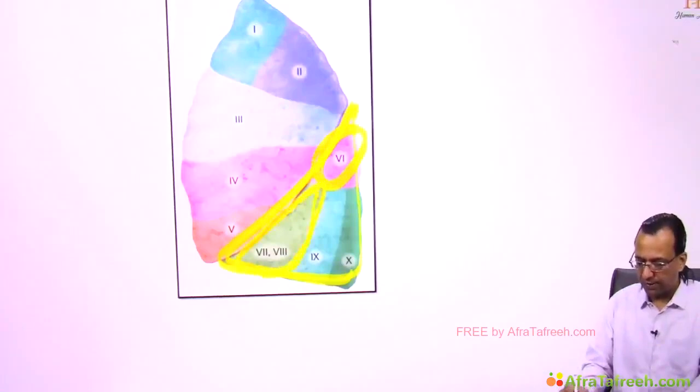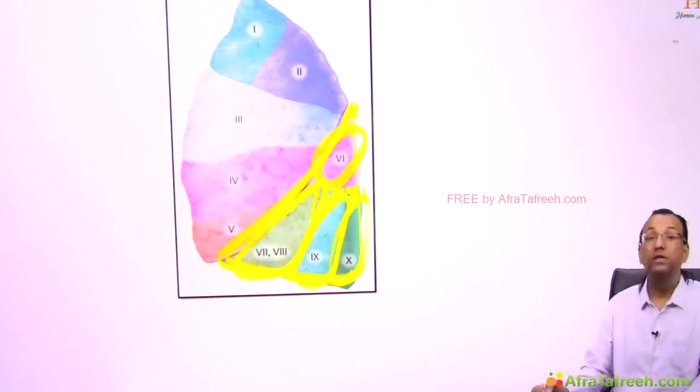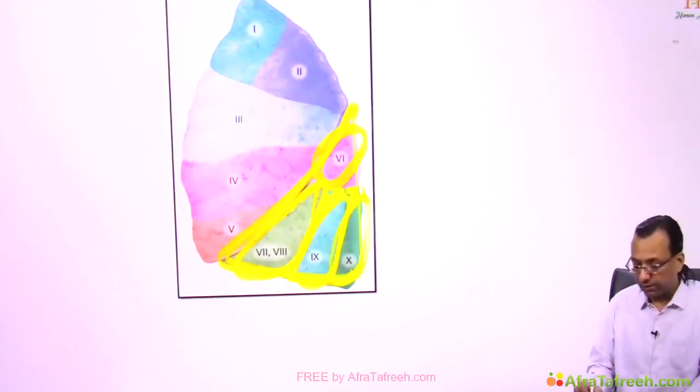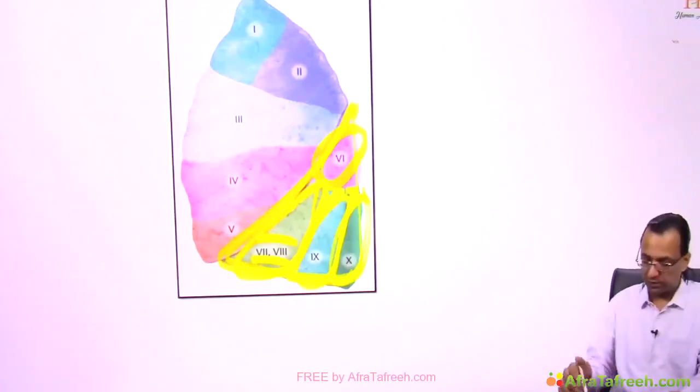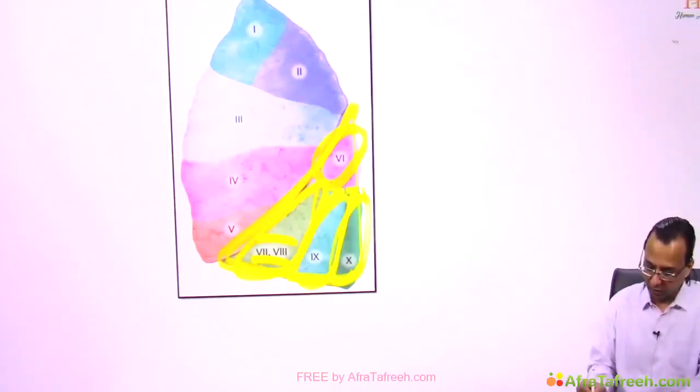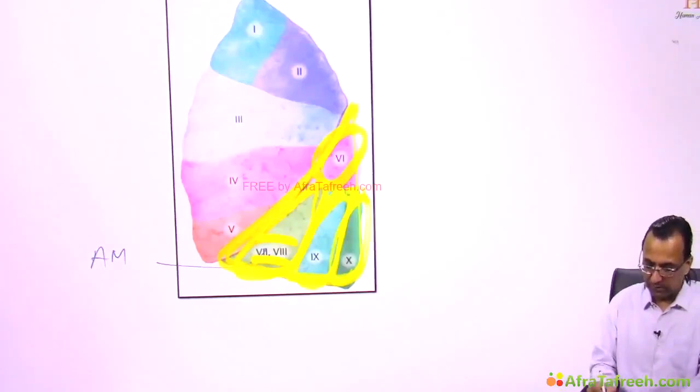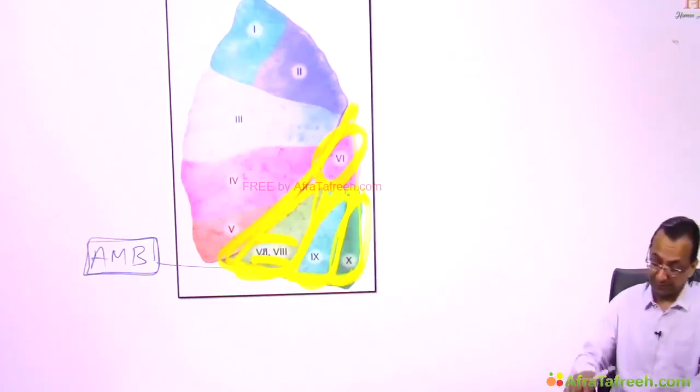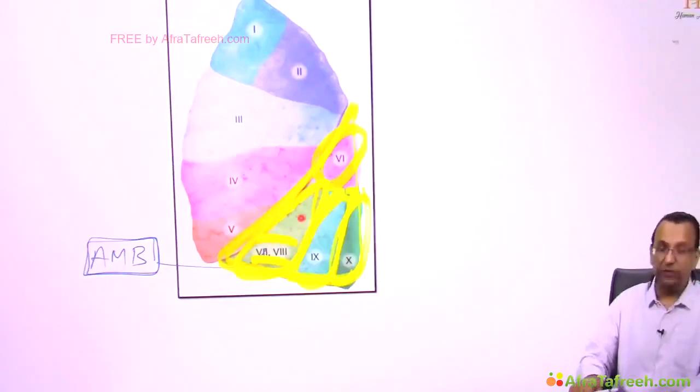Now, why would you say that it has only 3 basal? Why not 4 basal? Because there is a combination of the two BPS into one. And what was that? You remember there was anteromedial basal. Anteromedial basal, that is the point. So you are telling that the right lung has 4 basal? Yeah. And the left lung has only 3 basal? Yes.